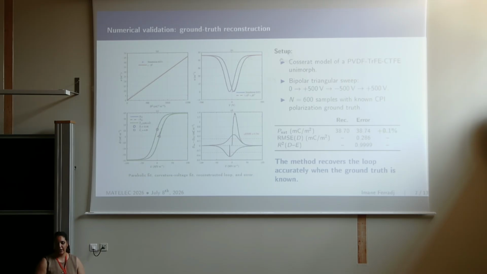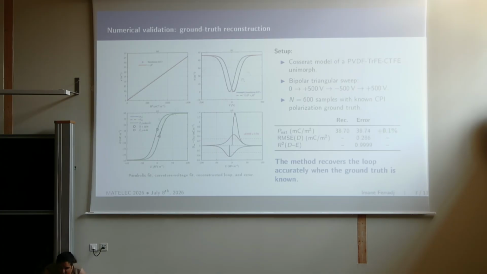Side note, the numerical validation is to compare what has been reconstructed using the method I'm presenting versus a more accurate model, which is not really presented here because it has a lot of other details. But let's say this more accurate model is my ground truth, which I'm comparing to the reconstructed loop.